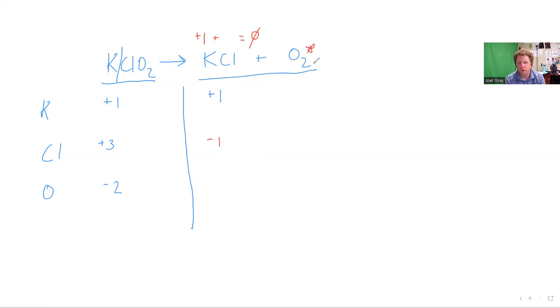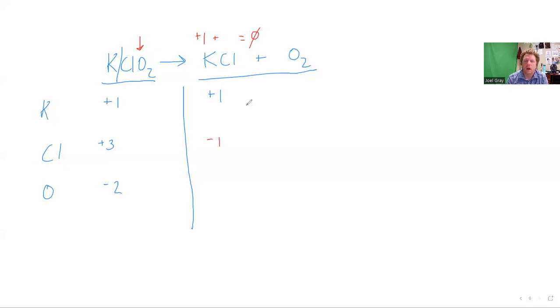Okay, so now we're left with oxygen. As you'll notice, there's 2 of them. It's O2. Is that O2 different from this O2? It absolutely is. So oxygen goes from having a charge of -2 to now, what charge is indicated right here? Nothing. It is neutral.